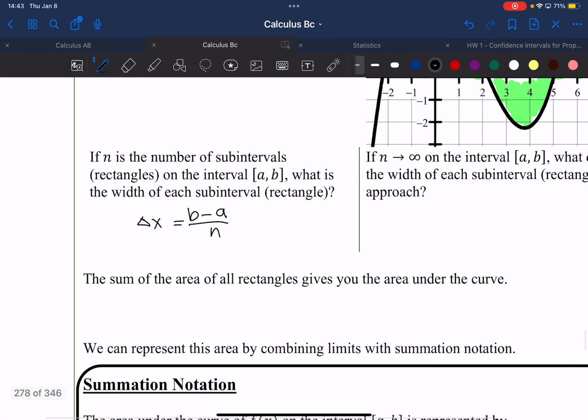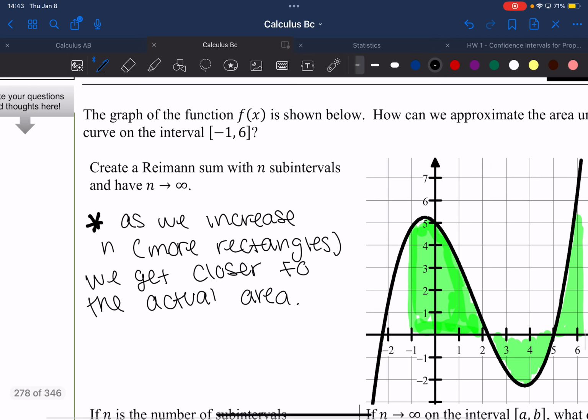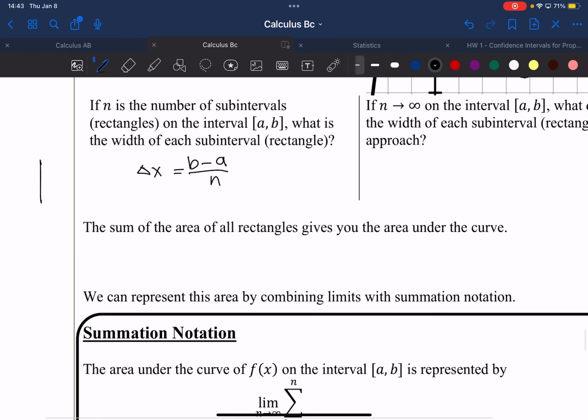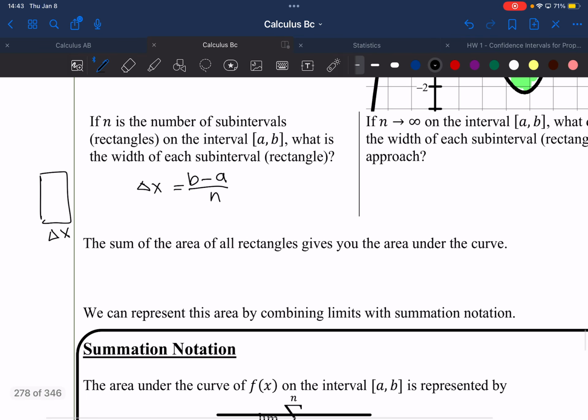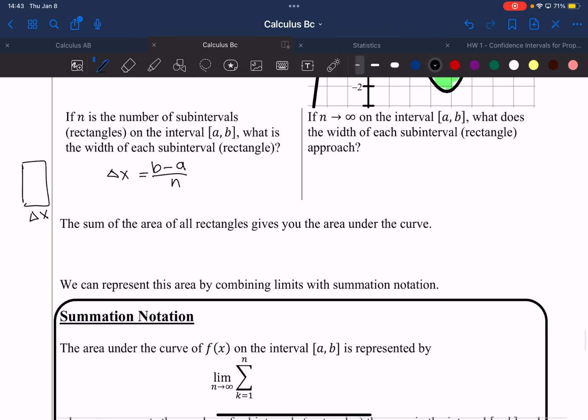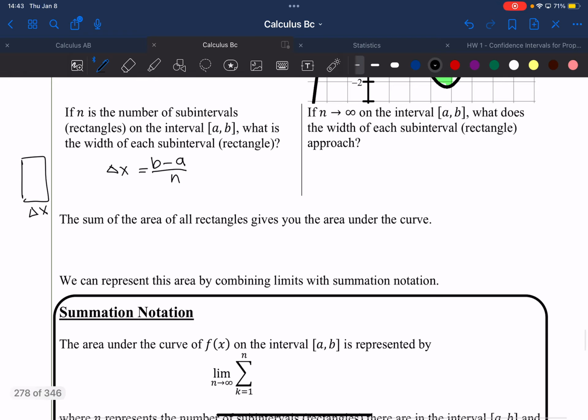And if I had a rectangle, that would represent that part of the rectangle, the change in x, or the width. That's what we called it yesterday, the width. Another way to think of this: if n is approaching infinity on the closed interval, what does the width of each subinterval approach?